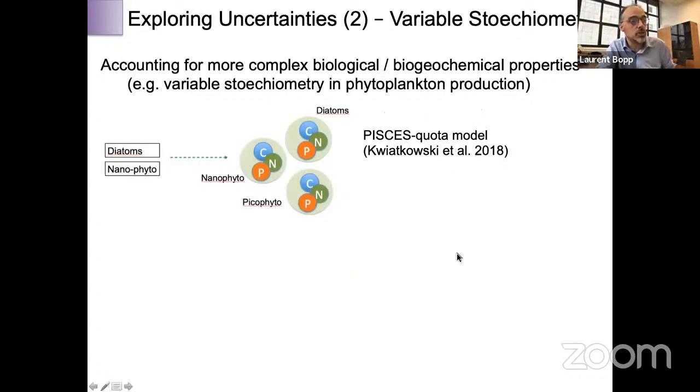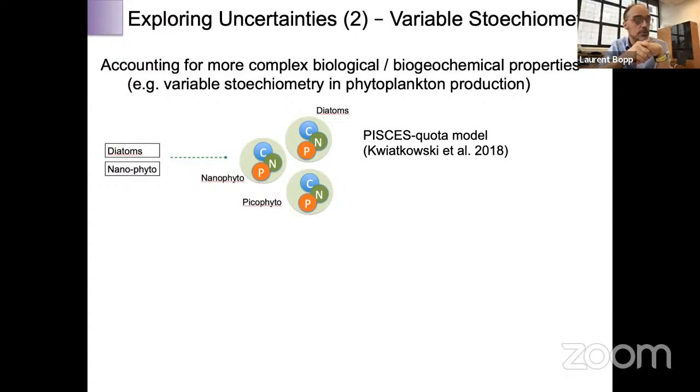The last one I'd like to mention is the role of variable stoichiometry. So maybe, as Olivier explained, in many of these models, again, to save the cost of computing, we have to make some very simple, or simplistic, assumptions.